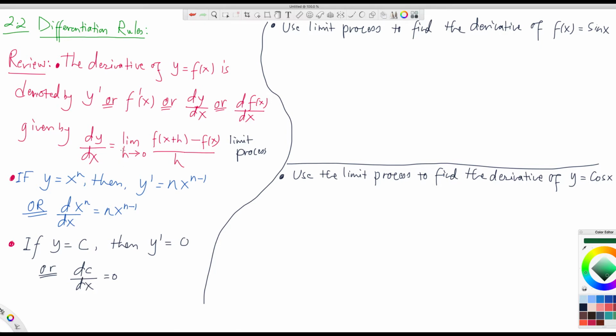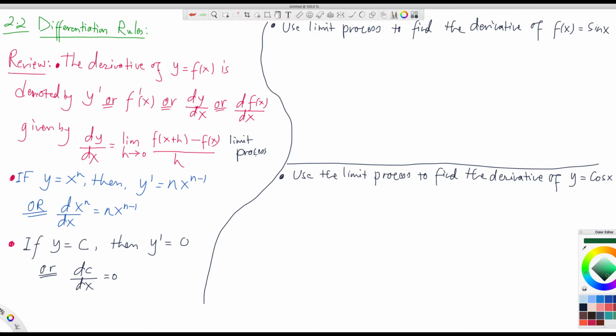You can write delta x instead of h there: the limit as delta x tends to 0 of f of x plus delta x minus f of x, divided by delta x. This is called the limit definition, or the limit process.